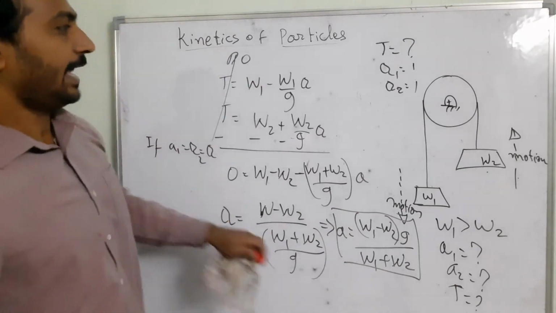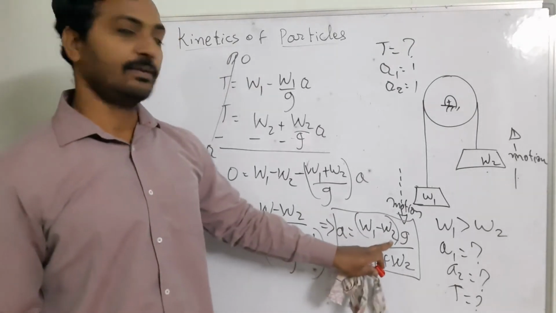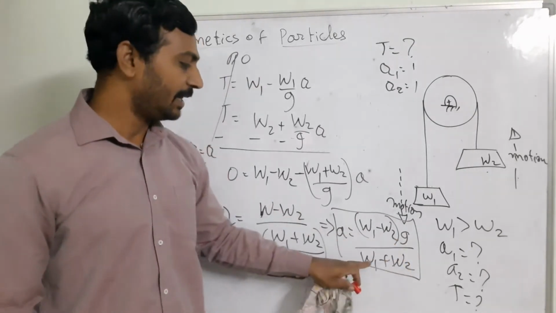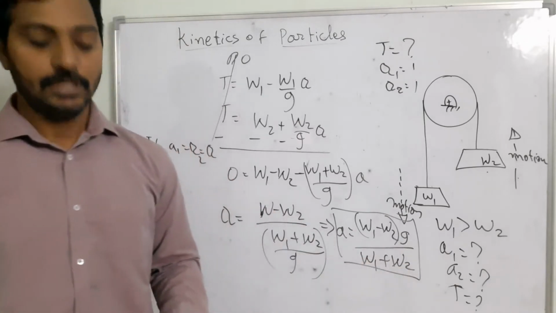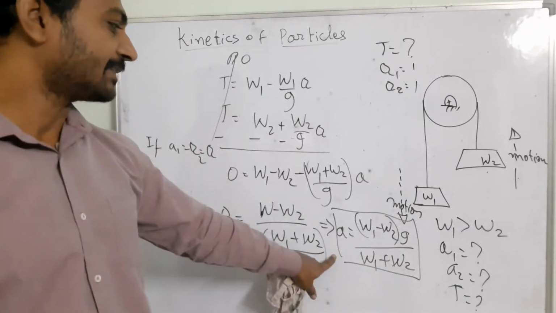So can you see the acceleration I got: W1 minus W2 into Z divided by W1 plus W2. This way we are going to calculate the acceleration.